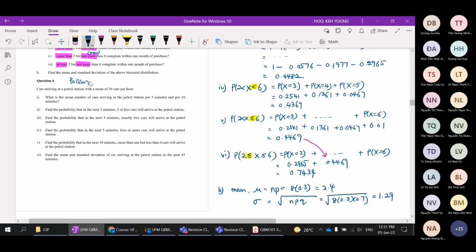We just look at, on average, how many occurrences there are. In this case, how many cars are there within a time period? The time period here is 1 hour. In 1 hour, how many cars do we have? 36 cars. So this is a Poisson question.